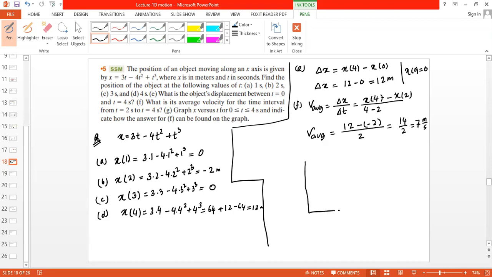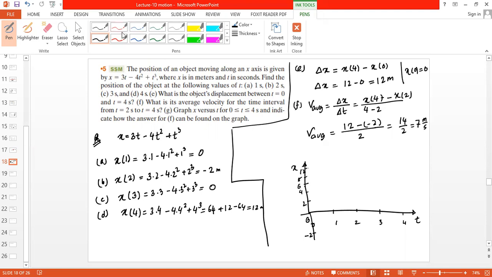So x versus t graph for time t equal to 0 to 4 seconds. 1, 2, 3, 4 on the time axis, and then this is 0, and then -1, -2, and on the position axis 2, 4, 6, 8, 10, 12. So 12 maybe something here.